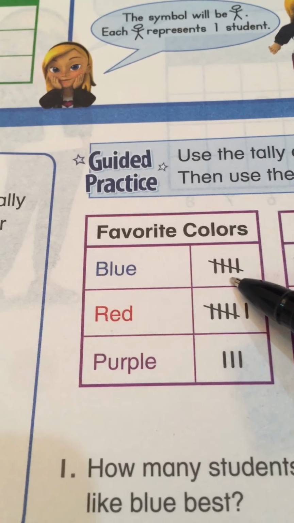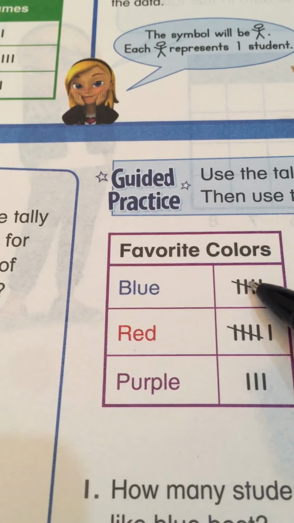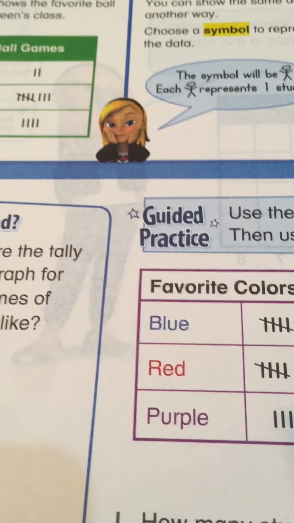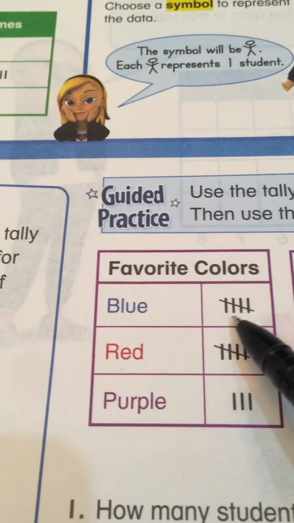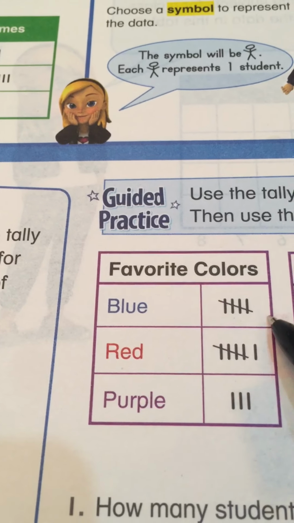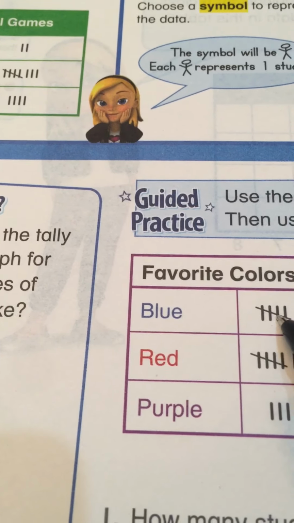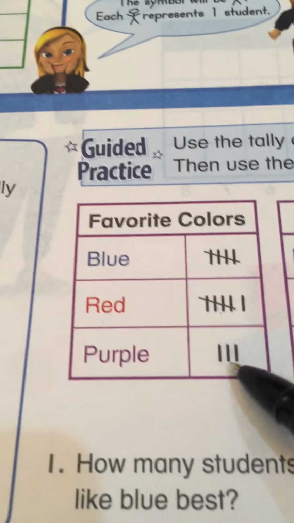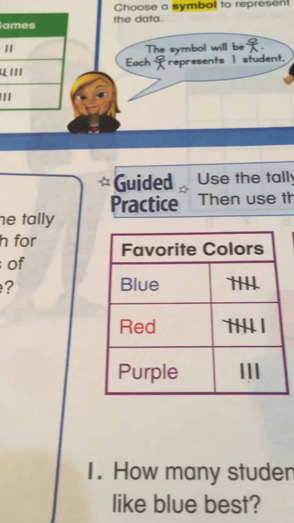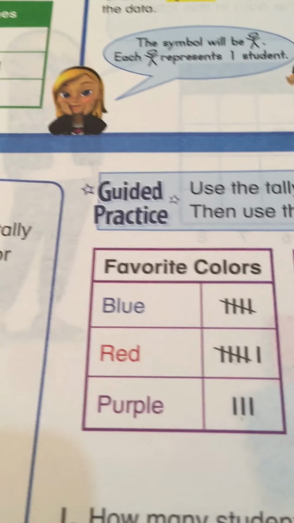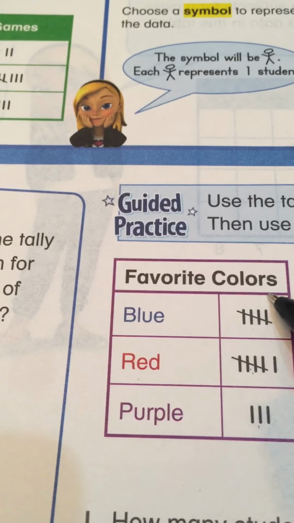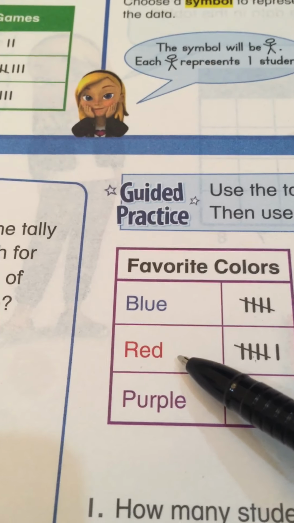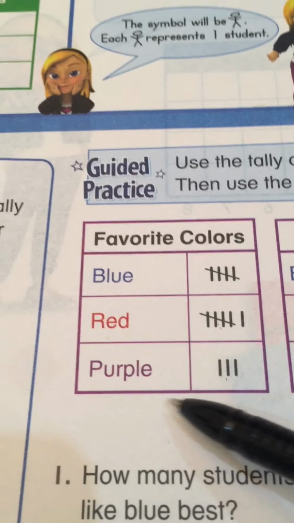Each one is one count, 1 for 1 vote. So like here, if I have 1, 2, 3, 4 and 1 slides over, that means this is 5. 5 and 1 equals 6. 3 is 3. Now here they already give us the favorite colors.